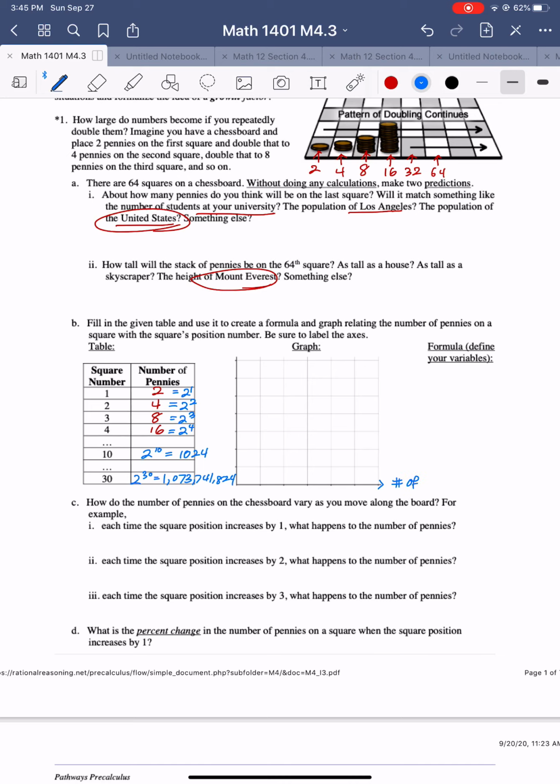Okay, and then if I grab this, the horizontal axis is going to be the square number, and on the vertical axis I want to say number of pennies. So for the square number, I'm going to jump by 10, right? So 10, 20, 30, 40, 50, and 60, because we have to go up to 64, right? Okay, so on the vertical side, it's going to be exponential.